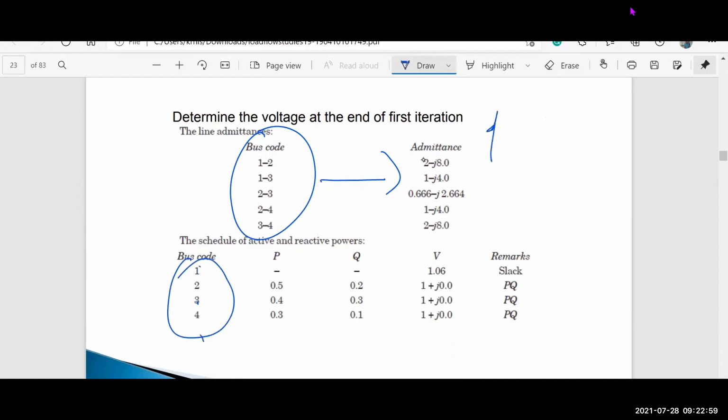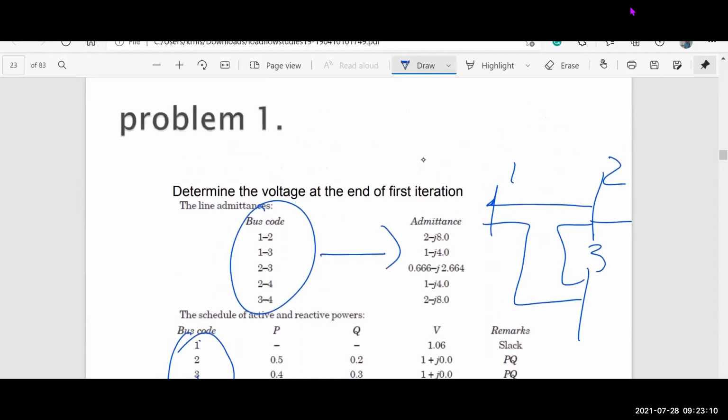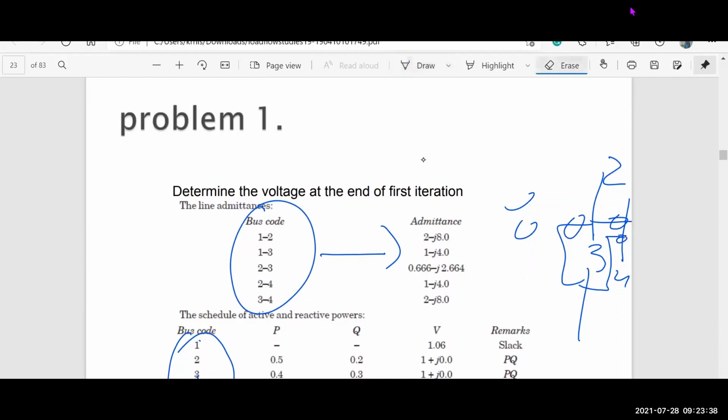Bus 1 is connected with 2 and 3, 2 is connected with 3 and 4, and 3 is connected with 4. So this is the kind of network.